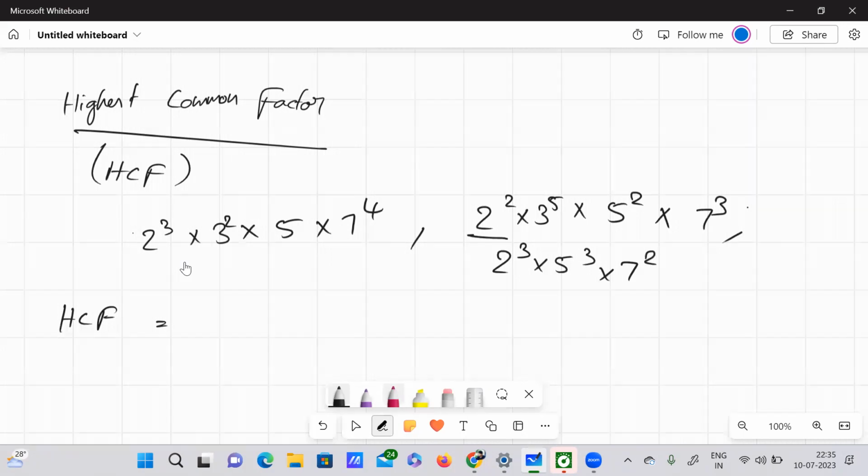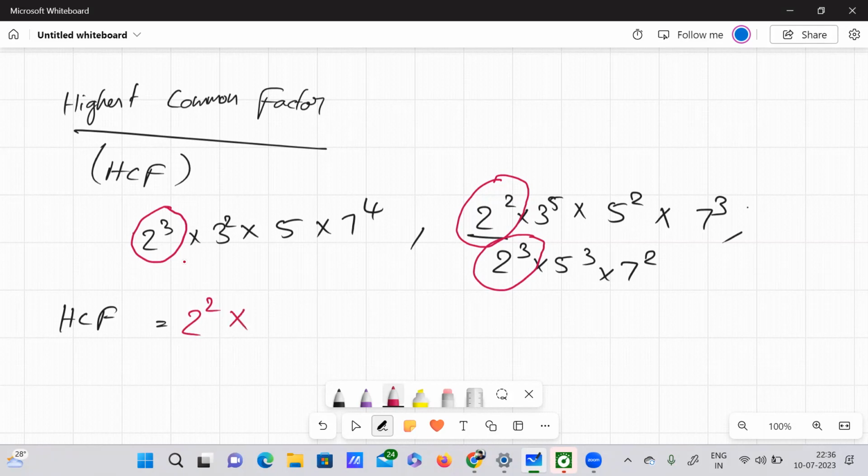So we can at least expect this 2 square in each of the sets. For example, here also in this 2 to the power of 3, we can expect 2 square. In 2 to the power of 3, here also we can expect 2 square. So at least we have 2 square. In the sense, we can write 2 square here.